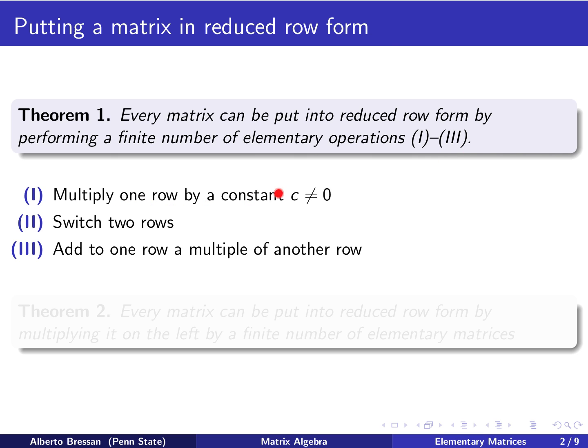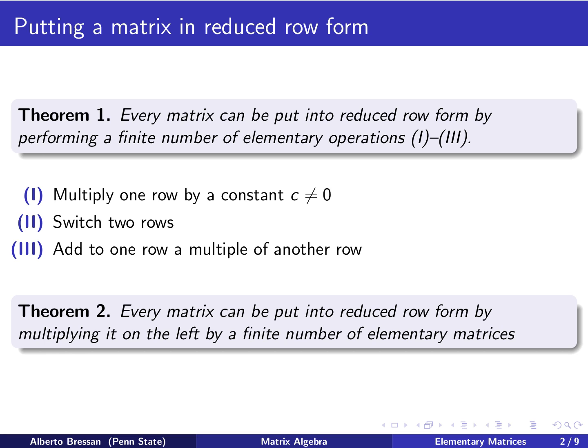So 1 is multiply a row by a constant, c, that's not 0. And 2 is switching 2 rows. And the 3 will be adding to one row a multiple of another. And then we can replace each of these operations by a multiplication of an elementary matrix on the left.